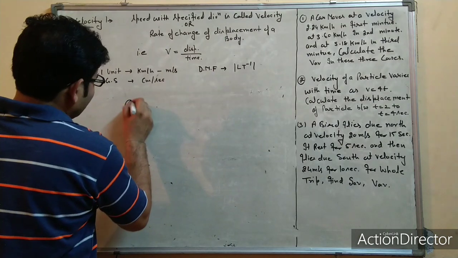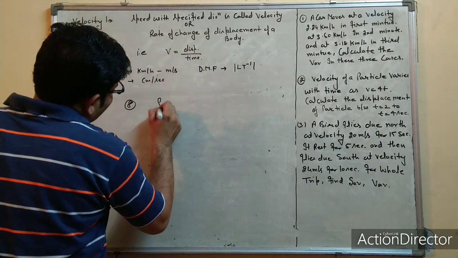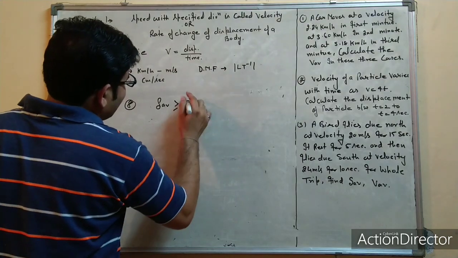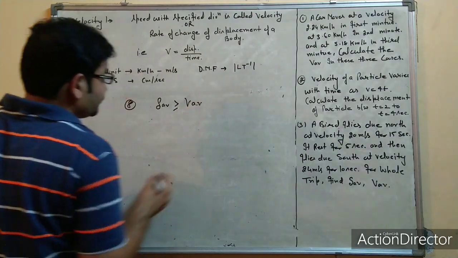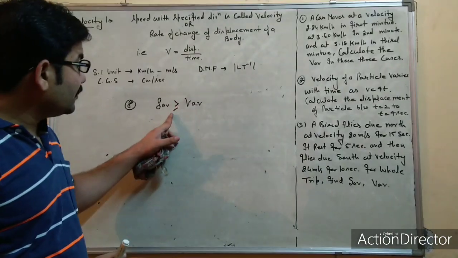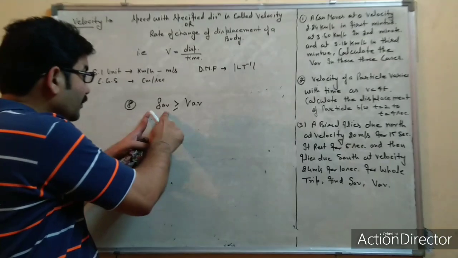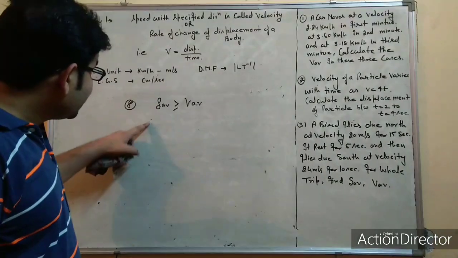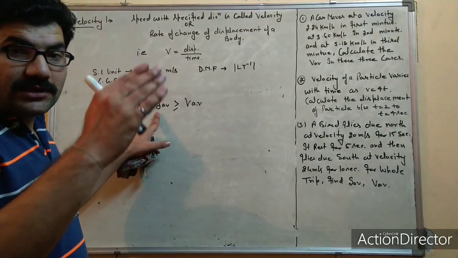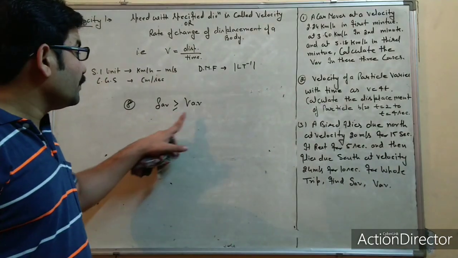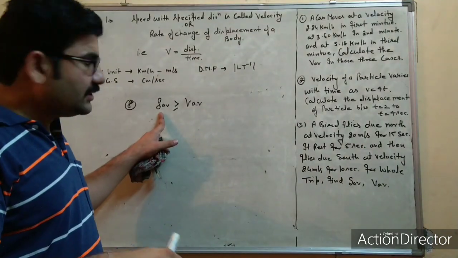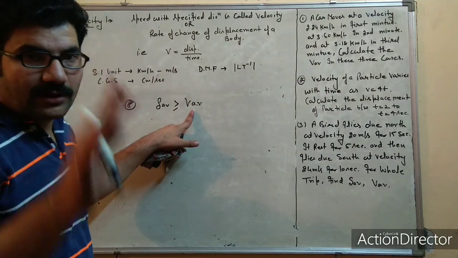Average speed is always greater than or equal to average velocity. Why? Because we know that distance is always greater than or equal to displacement. If we divide both sides by time, then distance by time is speed and displacement by time is velocity. So average speed is greater than or equal to average velocity.